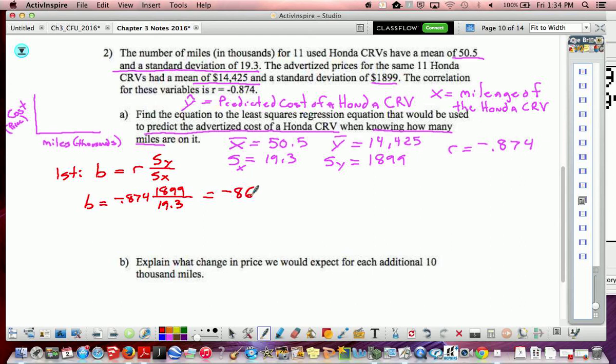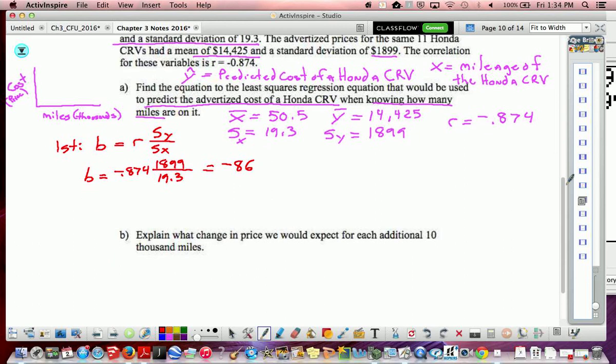It rounds nicely to the nearest dollar of negative 86. So if we think about slope in the context of the problem, for each additional 1,000 miles, the predicted cost of a Honda CR-V goes down by $86. That seems fair and correct.